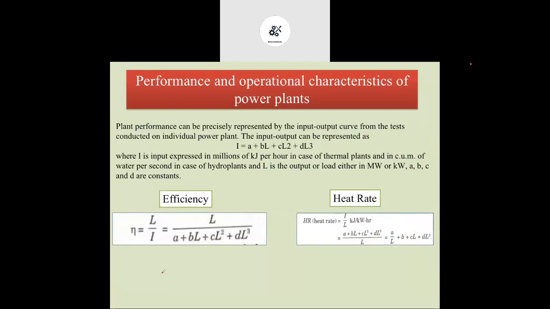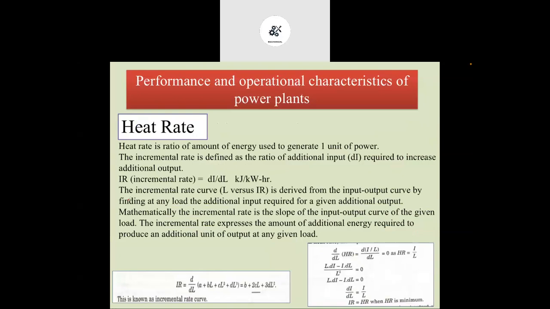minimum heat rate value. Now another point is the incremental rate. Incremental rate means the rate at which input increases as we increase the demand. The definition of the incremental rate is the ratio of additional input required to the additional output.